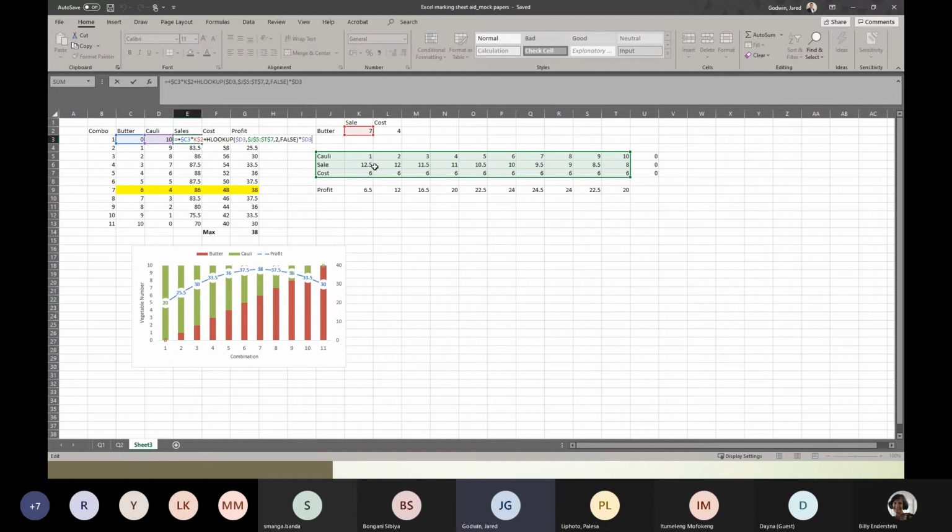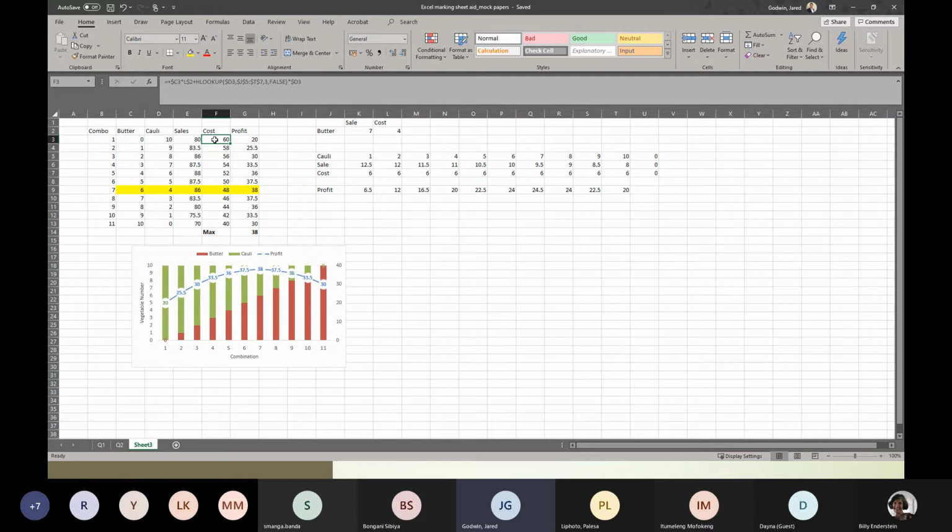And the way I did that, you can do however you want. I just did it with an HLOOKUP, and I'm looking at the second row. So hopefully that makes sense to everyone. I just look for the number 10 and find the sales price. So in this case, it would have found this 8 here, and I'm multiplying it by the number 10. And so that gives me my 80.